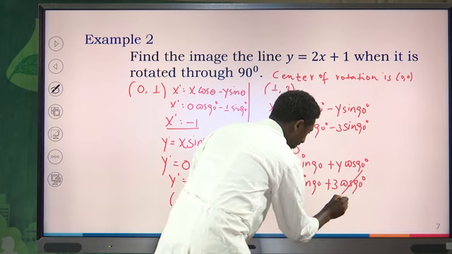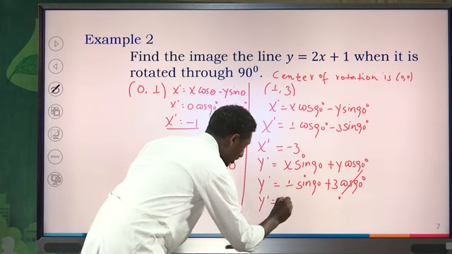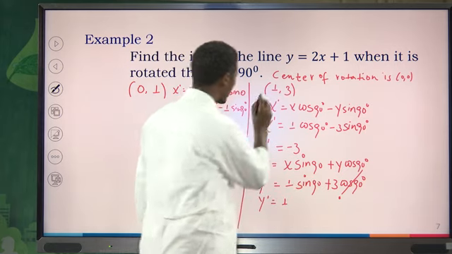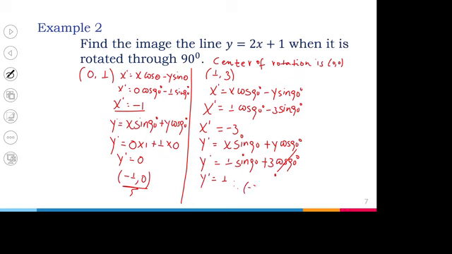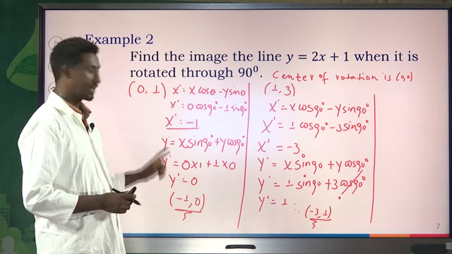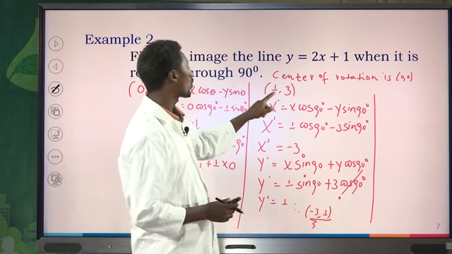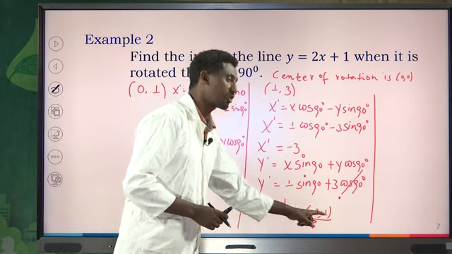The value of cos 90 is 0, so y prime equals 1 times sine 90, that's 1. So the image of (1, 3) is (minus 3, 1). The image of (0, 1) is (minus 1, 0), and the image of another point (1, 3), which is on the line, is (minus 3, 1).